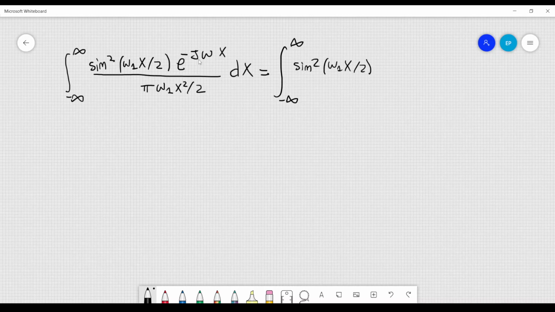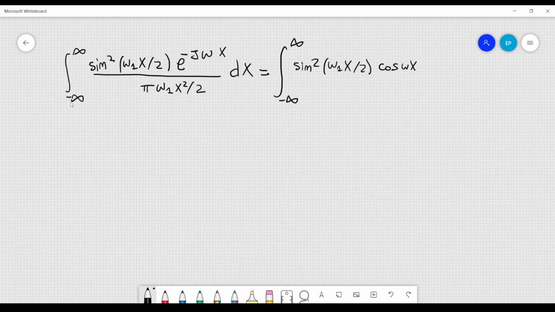Instead of e to the minus j omega x, I can simply replace it with cosine omega x here, because we see that sine squared of omega 1 x over 2 is an even quantity, and also the denominator, because we have x squared.